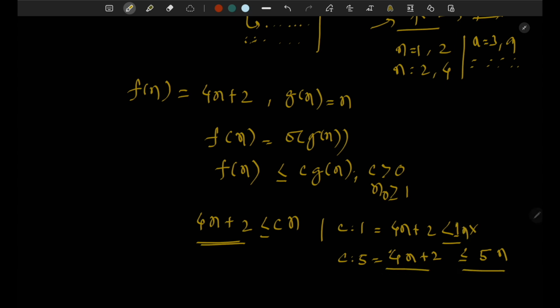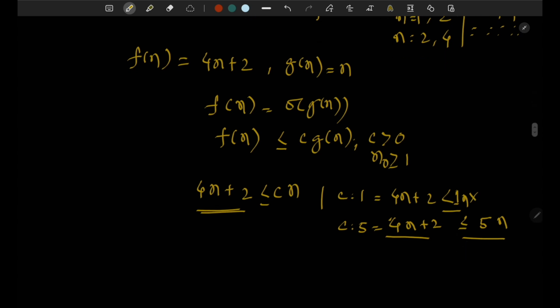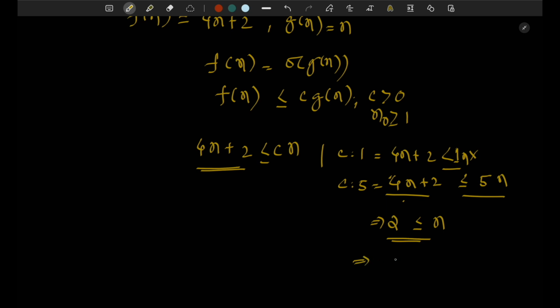Now that we have this, let's try to find out if we are able to find an n naught. So if I take this 4n to this side, then it will be 2 and this would be n. So we can say that n naught could be all such values which are greater than or equal to 2. So when we place this value in the above equation, it becomes 8 plus 2, and this becomes 10.